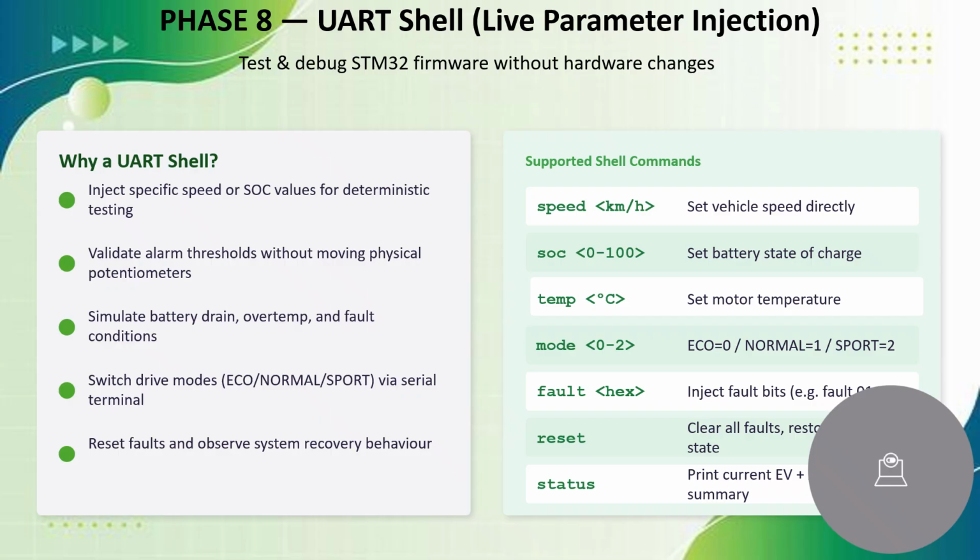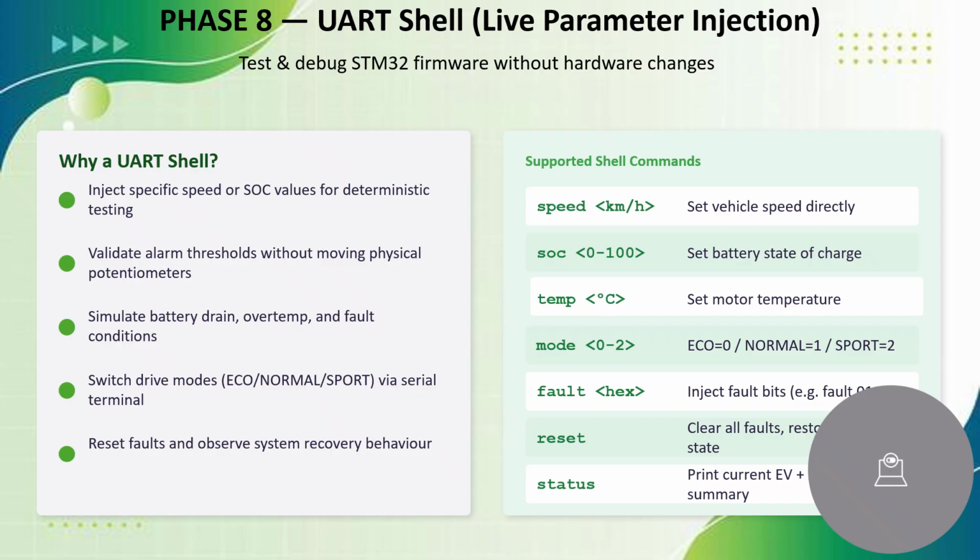UART CLI in phase number 8, UART CLI live parameter injection. Why UART CLI? Because it injects a specific speed, validates alarm thresholds without moving the physical potentiometer, simulates battery drain, over temperature and fault conditions, switches drive mode eco, normal, and sport via serial terminal, resets faults, and observes system recovery behavior.